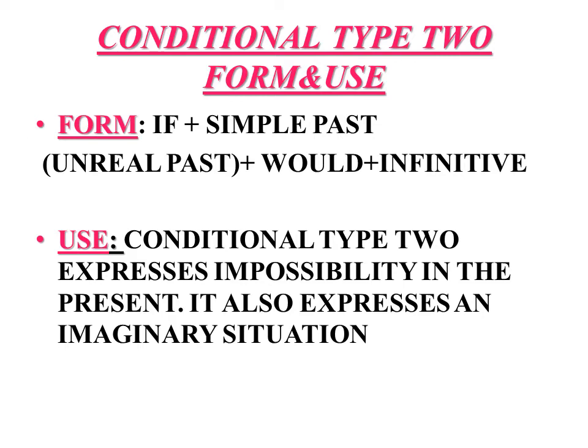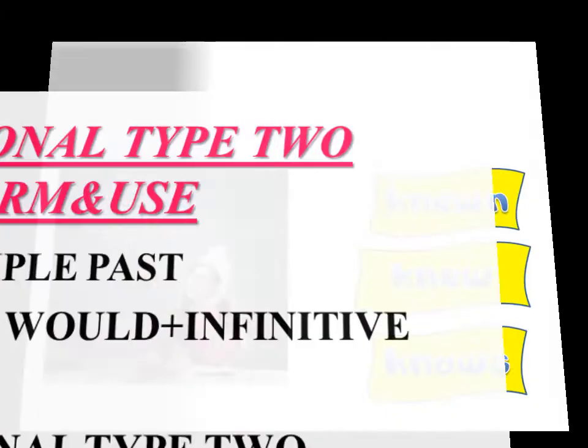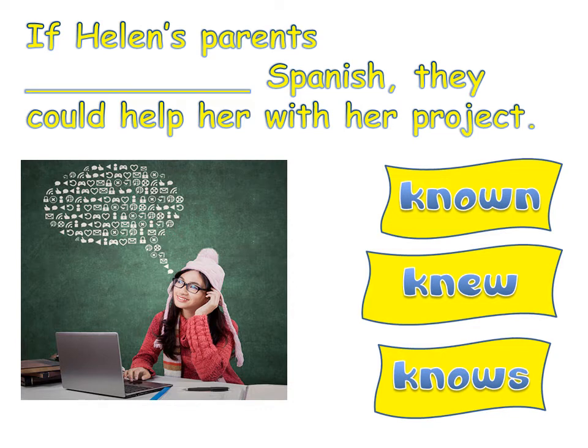Let's check up if we really understand conditional type 2. If Helen's parents knew or knows Spanish, they could help her with her projects. So we're going to choose the best answer here to form conditional type 2.